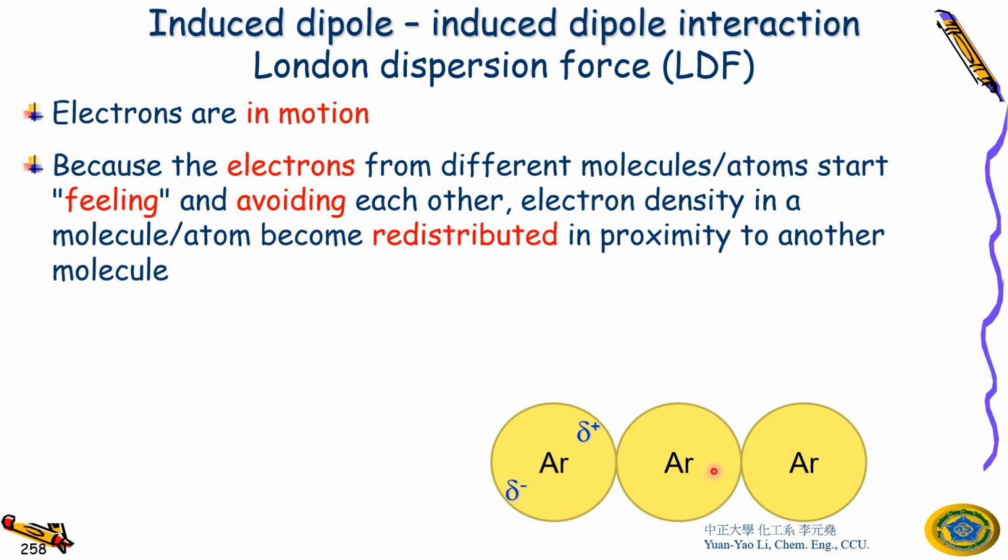The electron density in the molecules, atoms becomes redistributed in proximity to one another. So at a certain moment, this has a delta negative, delta positive. At this moment, this part will be induced to become negative. This part will become positive. Again, this part will become negative. This part will become positive.